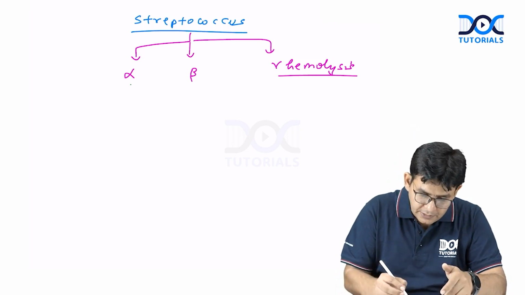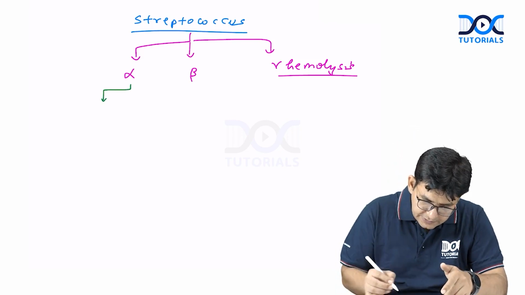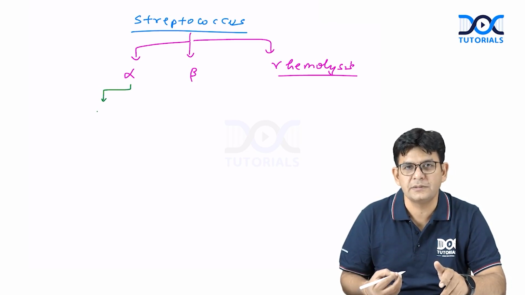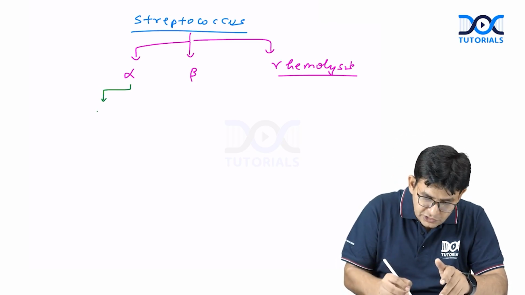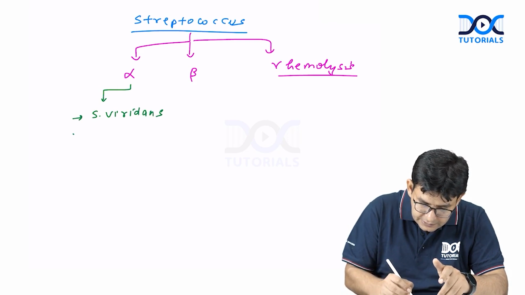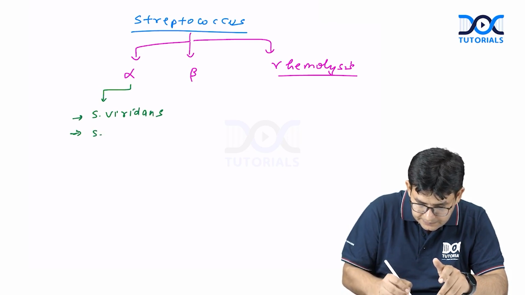Is it fine? So in the alpha hemolysis, first of all, which Streptococcus show the alpha hemolysis? Alpha hemolysis is shown by Streptococcus viridans and Streptococcus pneumoniae.